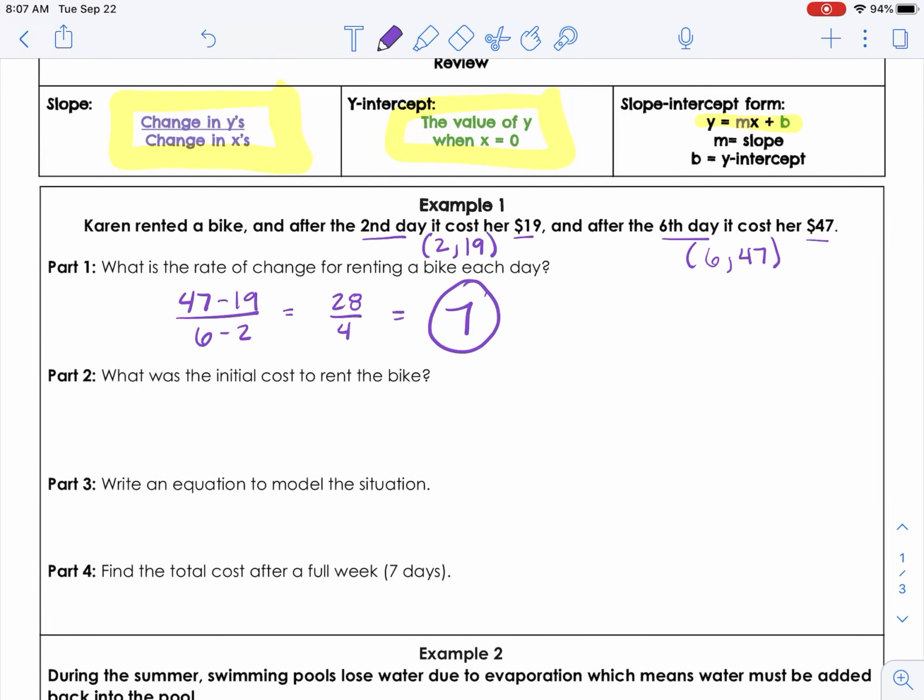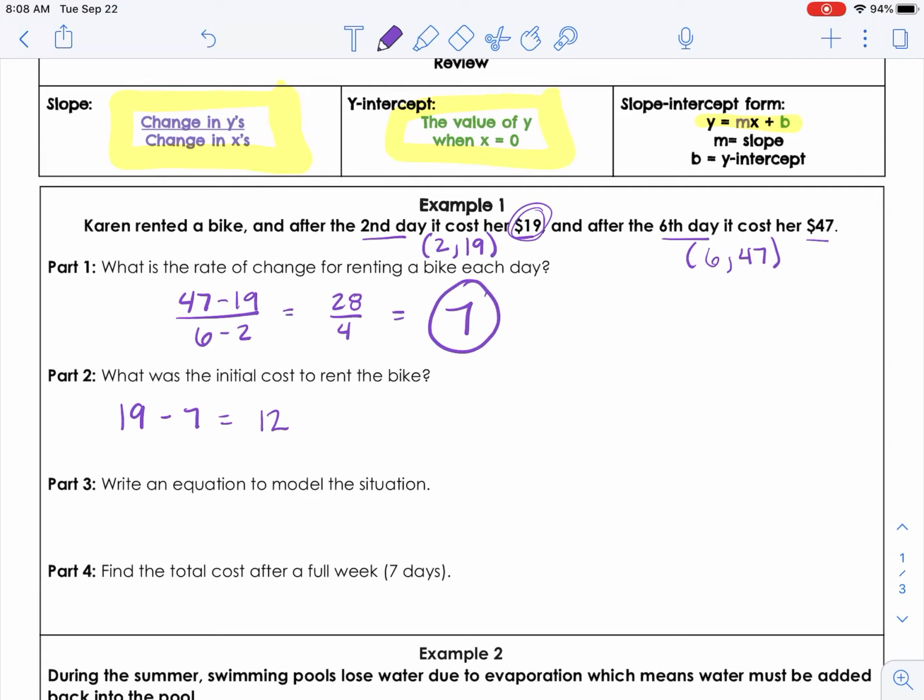Then it asks us what the initial cost to rent the bike was. Well, if we know that at day 2 it was $19 and our rate of change is 7, then I'm going to subtract 7 2 times. So if I'm at 19 and I subtract 7, that's going to get me to how much it was at day 1. So 19 minus 7 is 12, right?